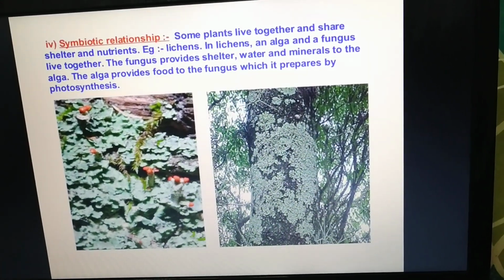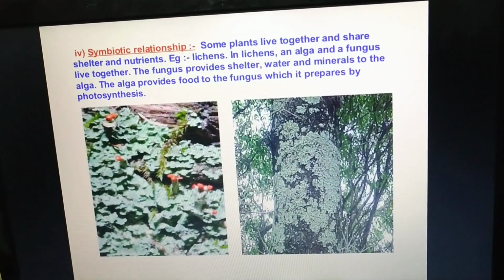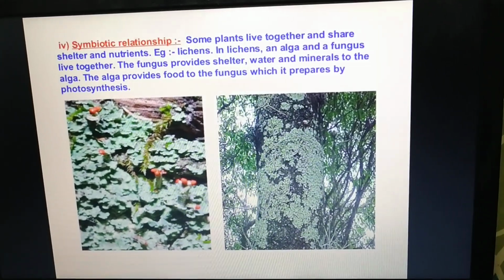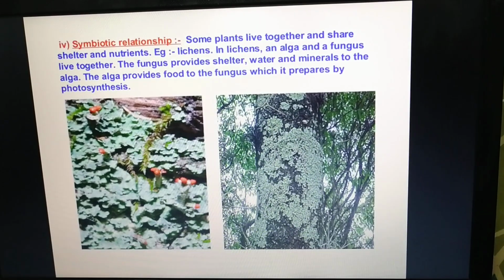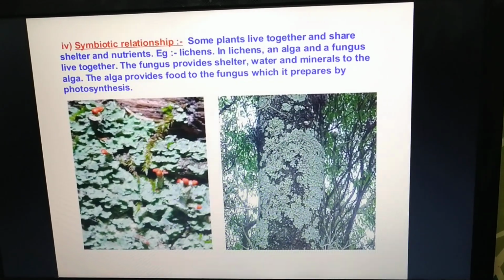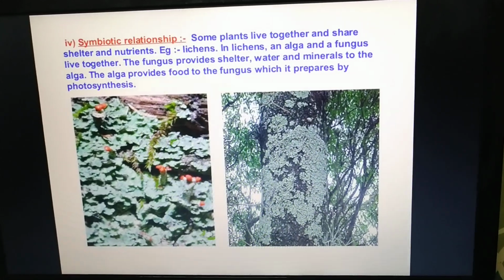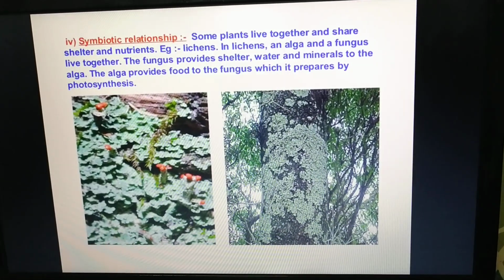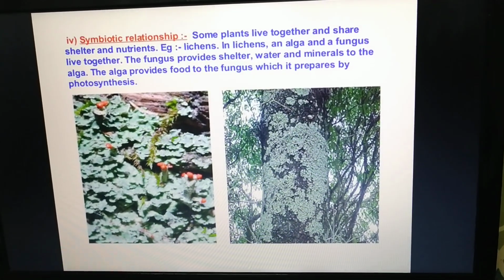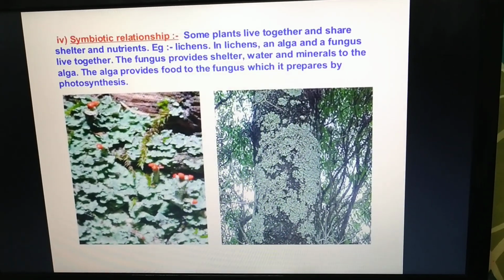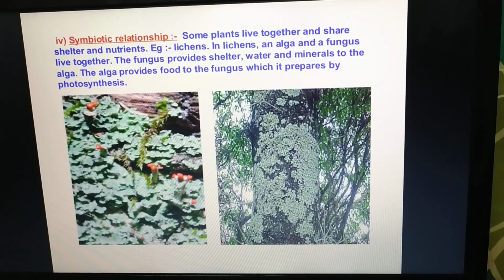Now, the other category is symbiotic relationship. Children, there are some plants which live together and share shelter and nutrients. Children, I have told you about the legume plants. If you remember, I have told you there are some nodules present in the legume plants. In those nodules, bacteria live, and the name of the bacteria is rhizobium.